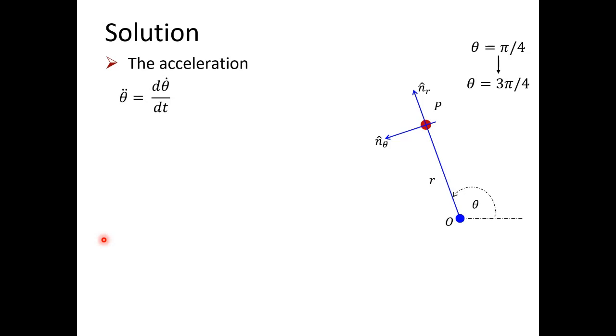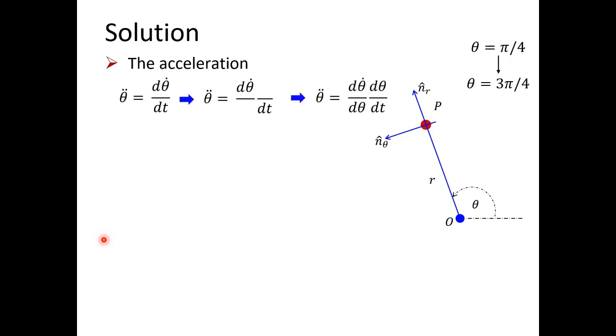I don't have any information about time, but the variation of theta is given. Therefore, I would like to manipulate this relationship such that I bring in d theta.